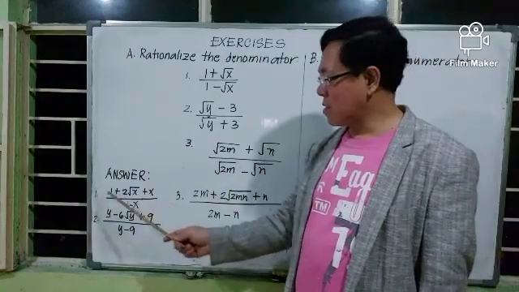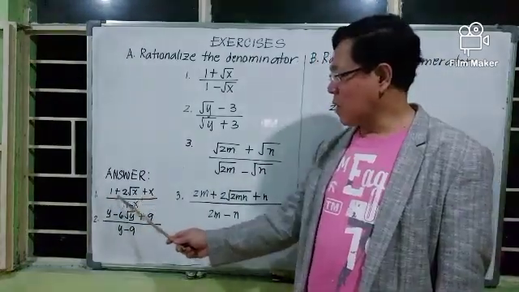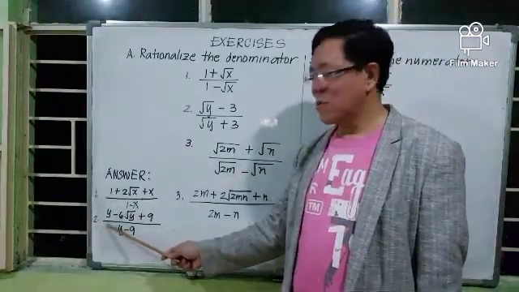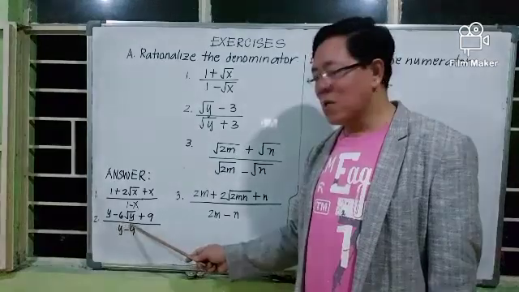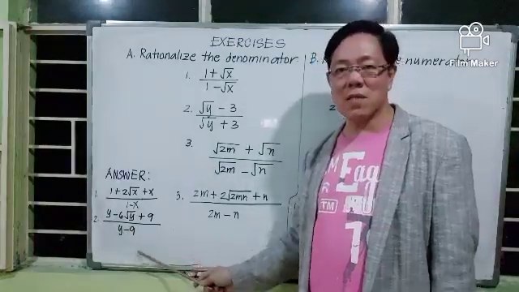For number 1, the answer is 1 plus 2 square root of x plus x all over 1 minus x. For number 2, the answer is y minus 6 square root of y plus 9 all over y minus 9.